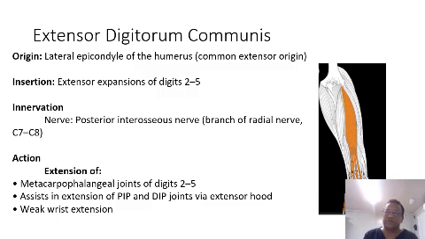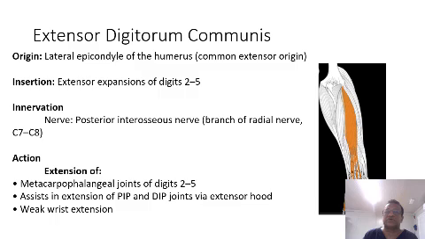It also contributes to wrist extension, but it's a weak wrist extensor. The EDC tendon passes through the fourth dorsal compartment in the wrist alongside the extensor indicis. This compartment is a common site for tenosynovitis, especially in overuse syndrome.